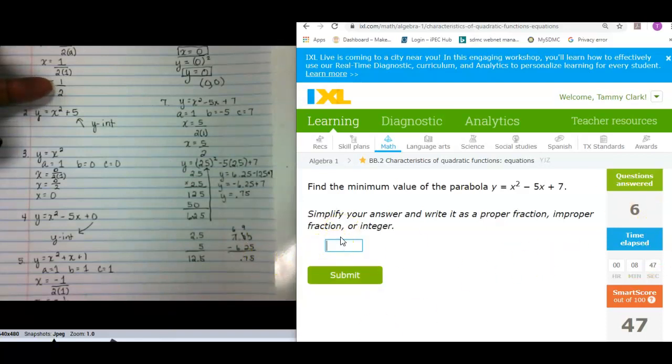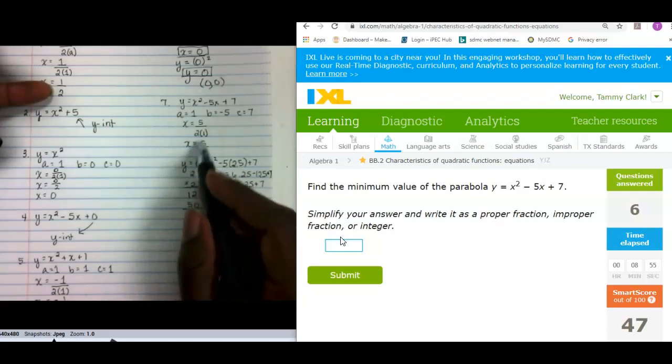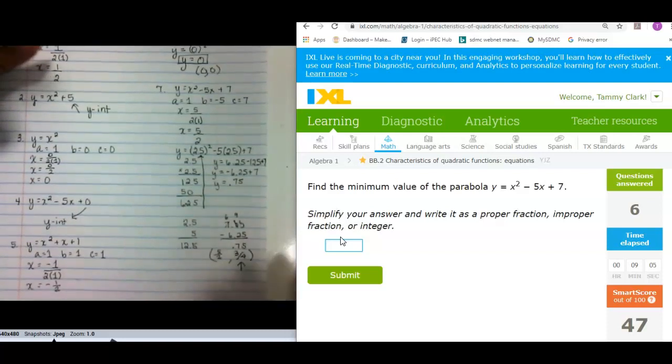Well, these aren't integers, so we know that 0.75 is 3/4, and we know that our first x term was 5 halves. So here is our vertex, but the minimum value is this 3/4, so 3/4.